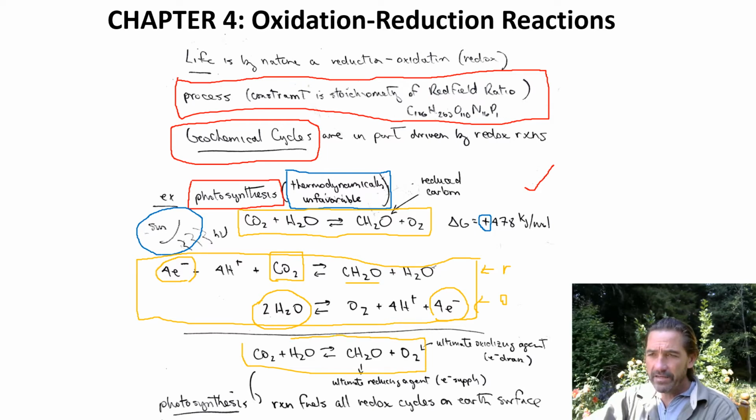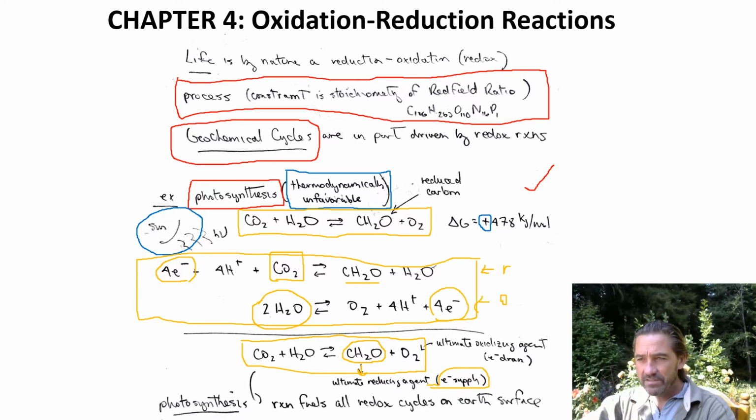And these products of photosynthesis are the things that drive other redox reactions, continue to react with other elements. So we have the biomass, the organic matter, which after this process is over, is a molecule that has lots of electrons.